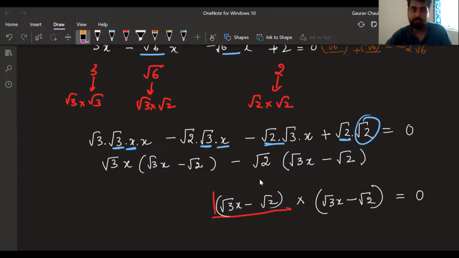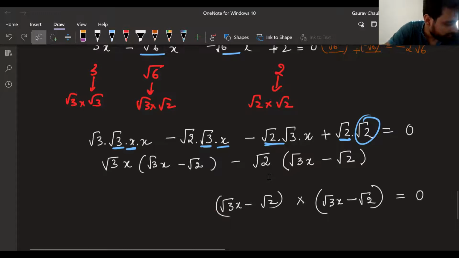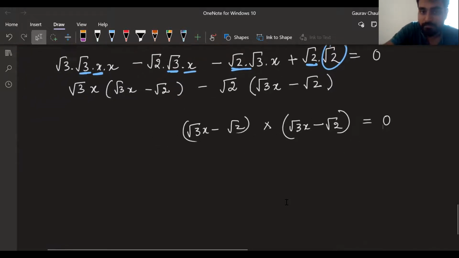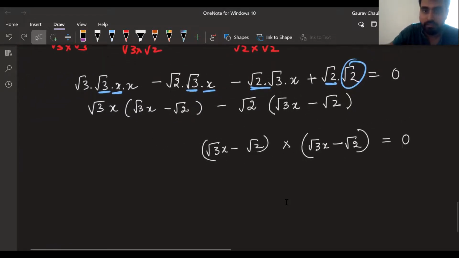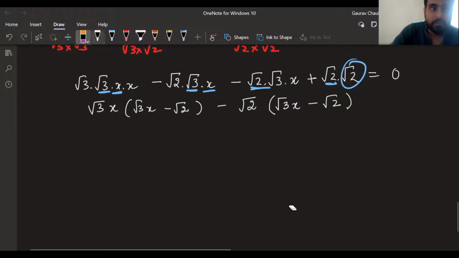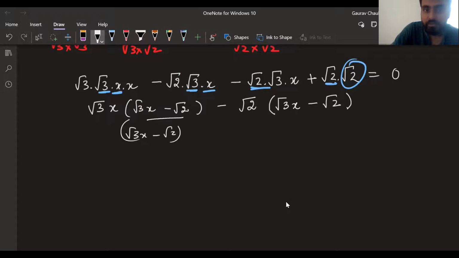Now from here, what we can see is both the linear terms are the same. Both the linear terms that we got right now are the same. Let me write this a little up. So my root 3x minus root 2 I'm getting from this and this, and then from the remaining part outside I'm getting again root 3x minus root 2 is equal to 0.